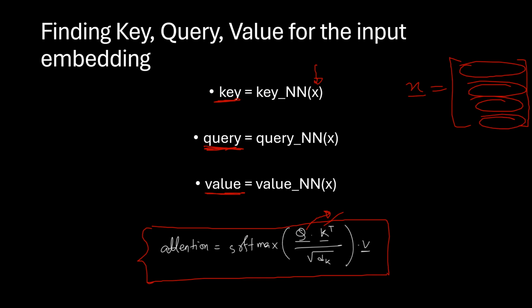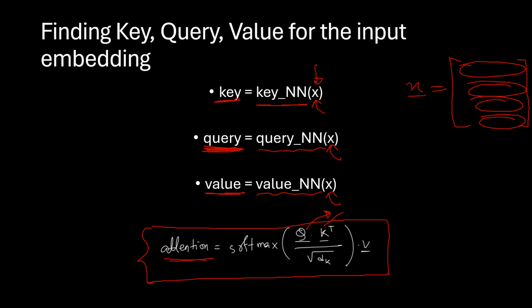We will give our embedding matrix as input into a linear neural network to produce the keys. We will input it into another linear neural network to produce the queries. We will input it into another linear neural network to produce the values. Then the keys, queries, and values will be put into this function and we will find our final attention.